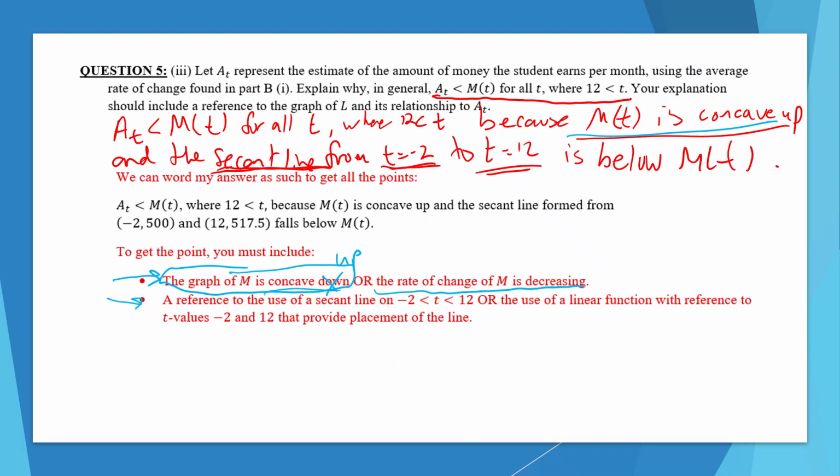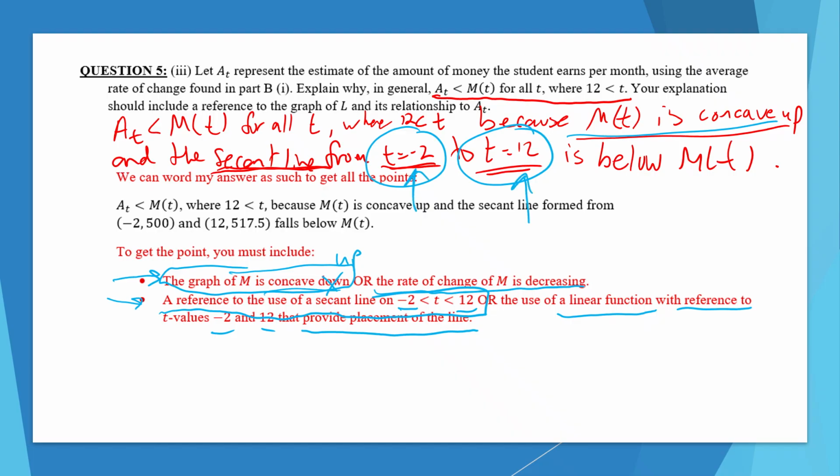And then a reference to the use of a secant line from -2 to 12, or a use of a linear function with reference to t values -2 and 12 that provide placement of that line. I would just go with the first part here: talk about a secant line and talk about how it is formed from -2 to 12.